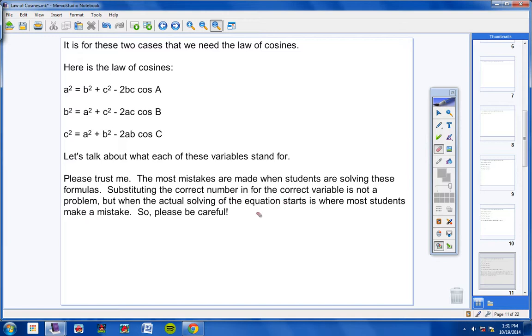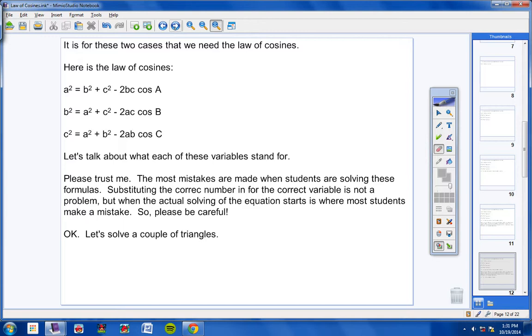The students usually get that correct. Occasionally they'll make a mistake in that area, but usually they'll get that right. But when the actual solving of the equation starts, after the numbers have been substituted in, that's where most students make a mistake. So please be careful when it comes time to solve the equation. And I'm going to try to help you with that today, okay? All right, here we go.